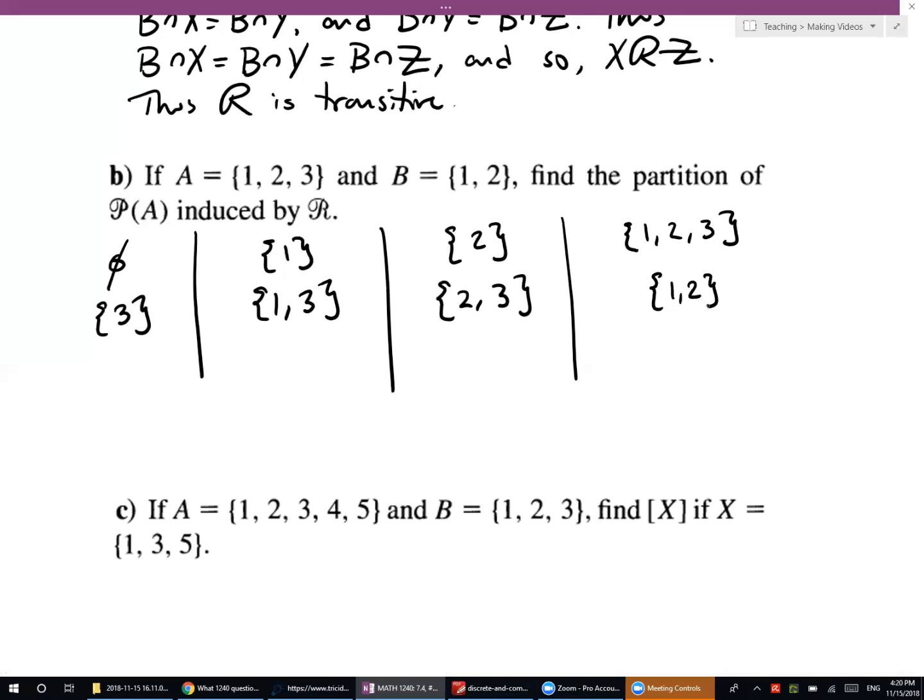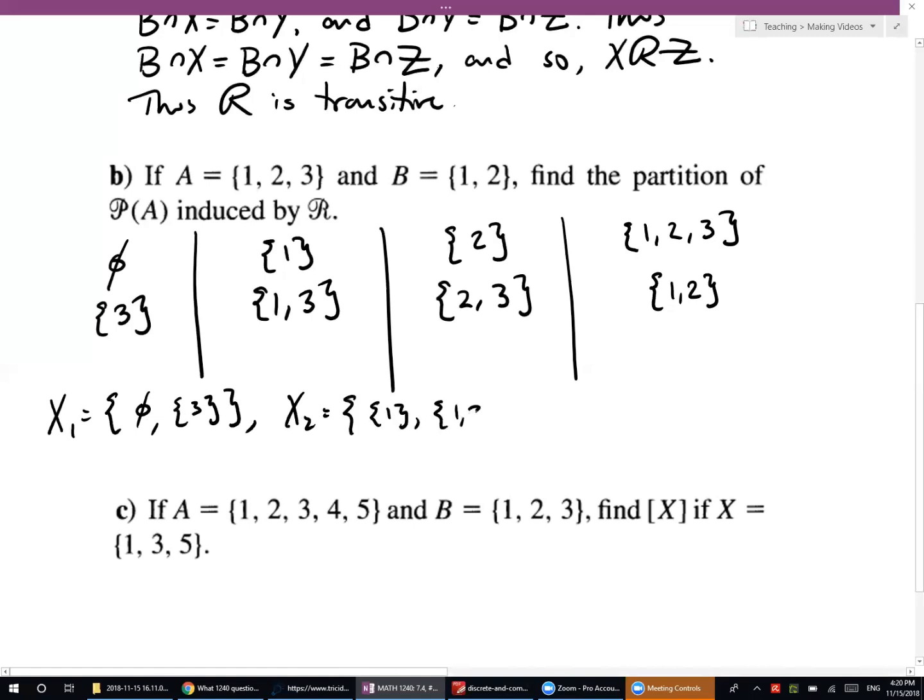So what I might do is something like this. Let's say X1 is the set of the empty set and the set {3}. X2 is the set of the set {1} and the set {1, 3}. X3 is the set of the set {2} and the set {2, 3}.